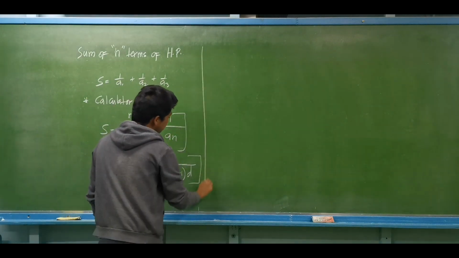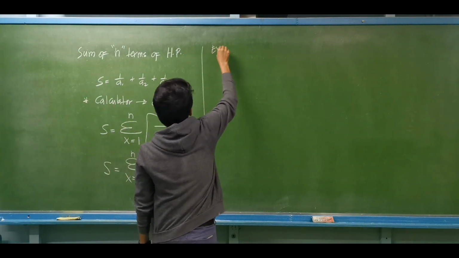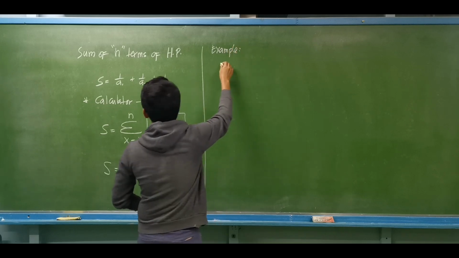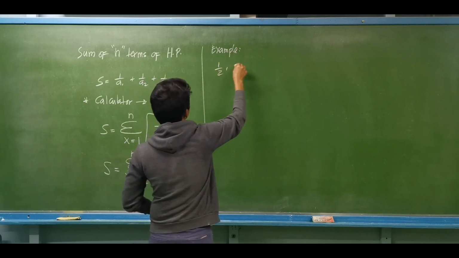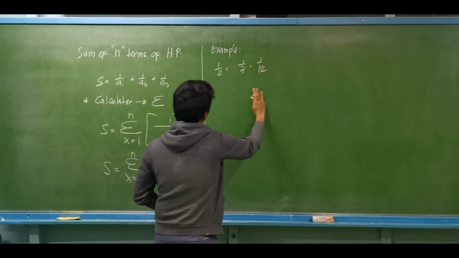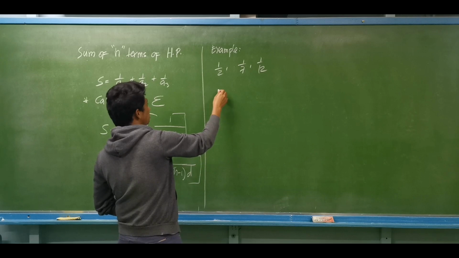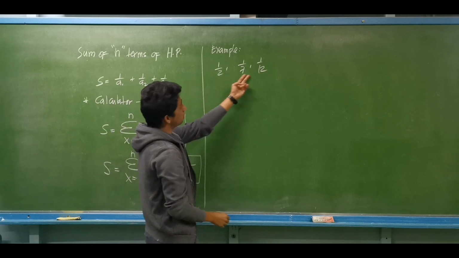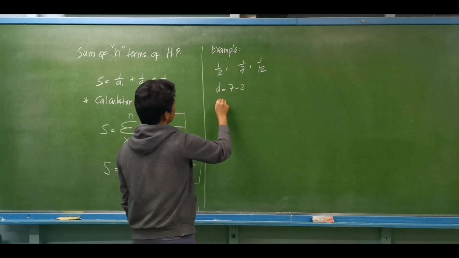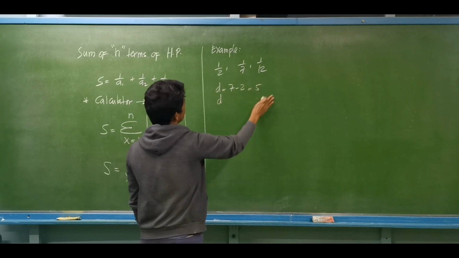So for example, we have the terms 1/2, 1 over 7, and 1 over 12. If we have to compute the sum, what is the common difference first? The common difference is 7 minus 2, which is equal to 5.